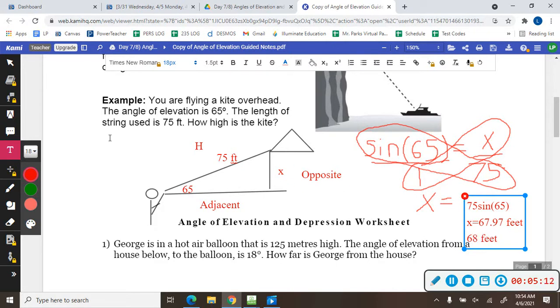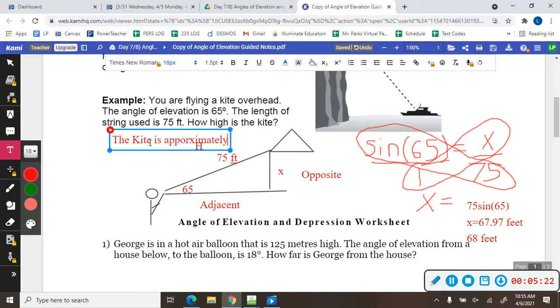So I would say, how high is the kite? The kite is approximately 68 feet off the ground. Alright, so the kite's approximately 68 feet off the ground.